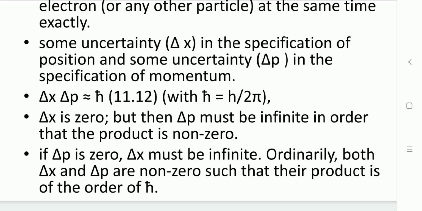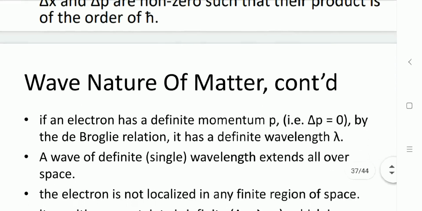And if the momentum uncertainty delta p is 0, then delta x must be infinite. Otherwise both delta x and delta p are non-zero, and again their product is of the order of h bar. Now by this uncertainty principle, consider an electron having momentum p.